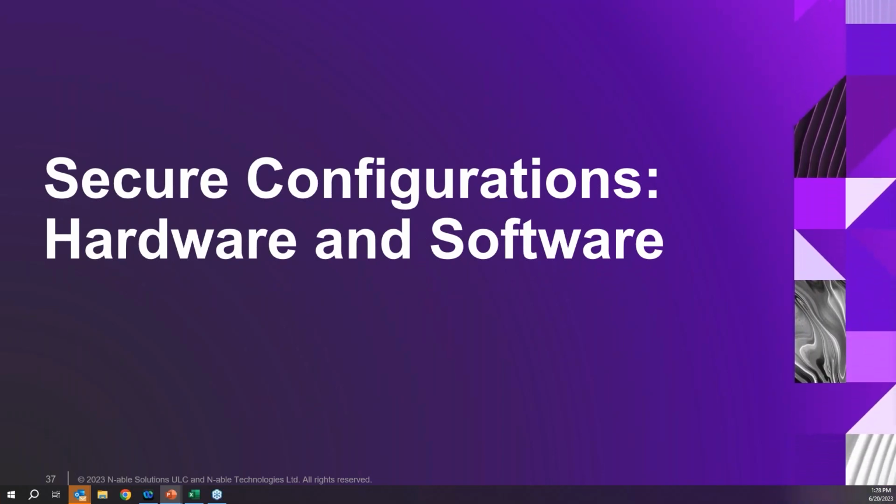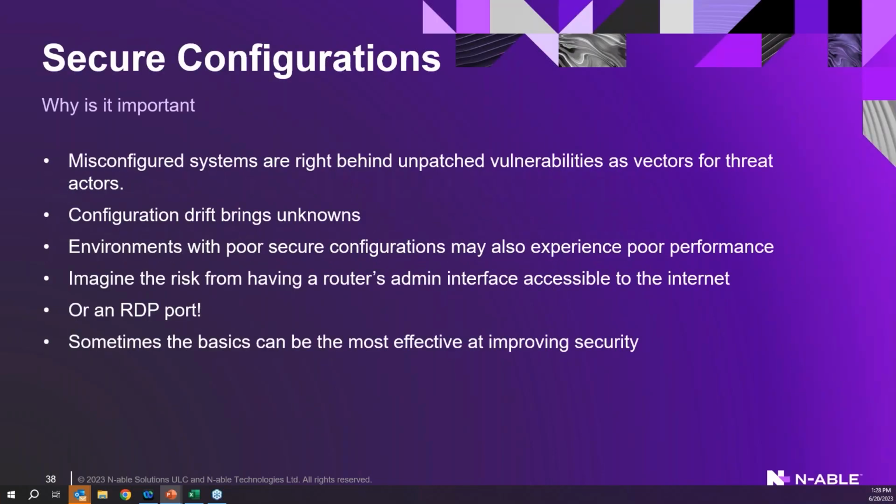Secure configuration around hardware and software is important because misconfigurations are right behind unpatched vulnerabilities as a primary vector that threat actors are going to use to cause damage, get their footholds, pivot, and make lateral movements in an environment.